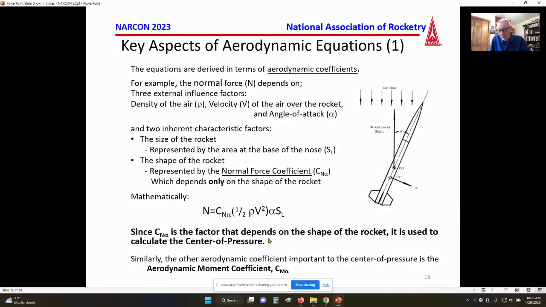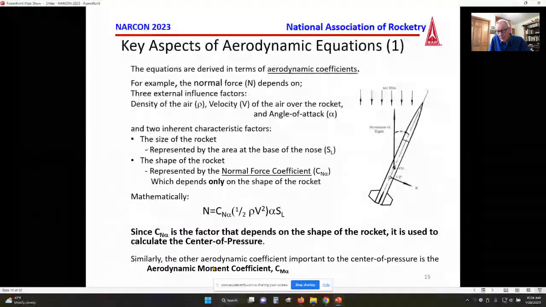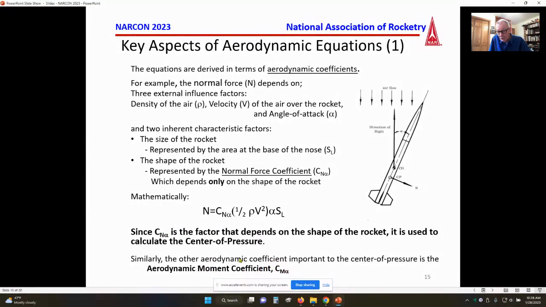And that is true not only for the normal force, but then obviously once you're dealing with the aerodynamic moment instability, it's also true for the aerodynamic moment coefficient. So you will see both of those in the upcoming discussion of nose aerodynamics, nose center of pressure.